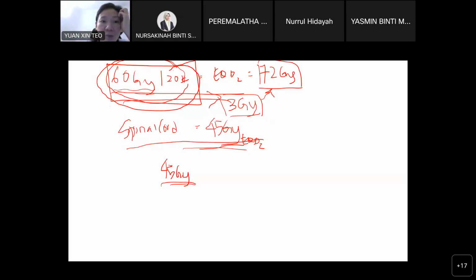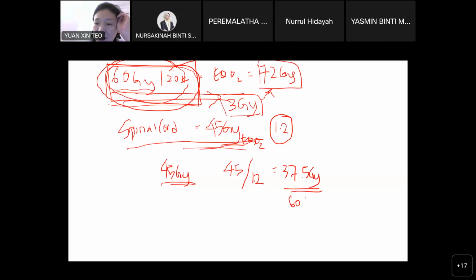Just now, when we calculated this, our factor is 1.2. Everyone got this 1.2, right? It means 60 with the 1.2 factor, we get 72 gray. So for my spinal cord, I can receive a maximum of 37.5 gray in the prescription of 60 gray in 20 fractions.